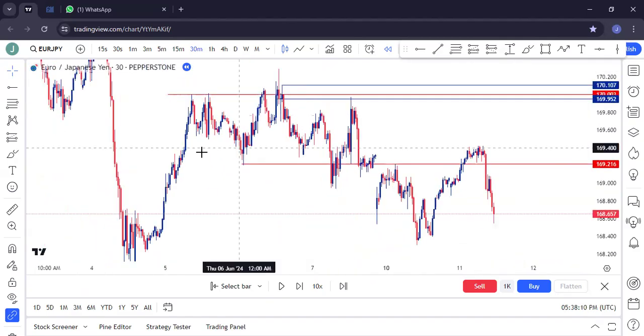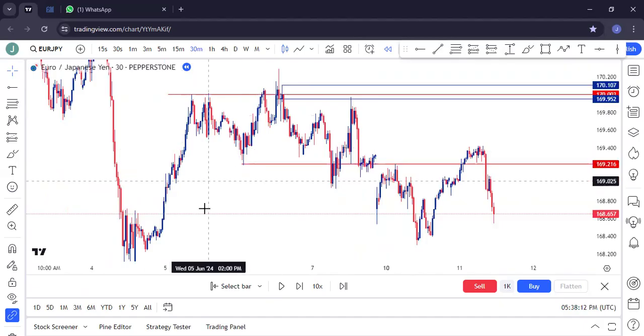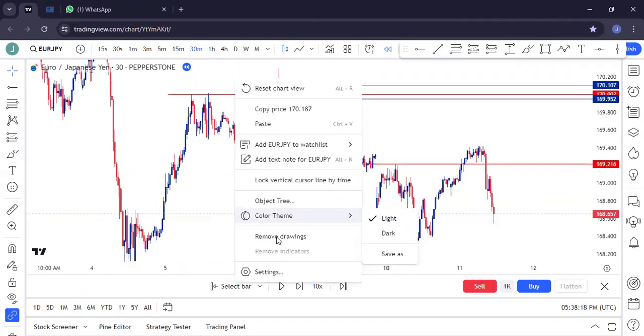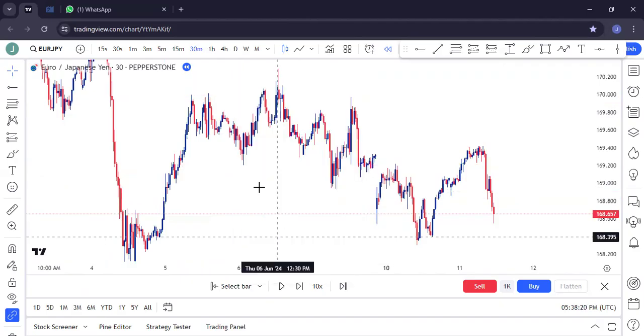Any structure you mark in the market, you have to verify it before you put your decisions. Any structure.